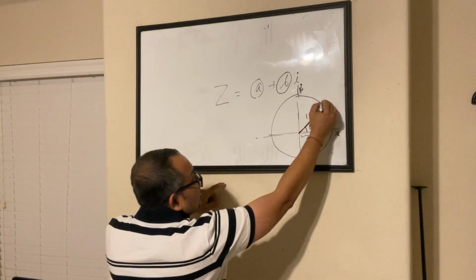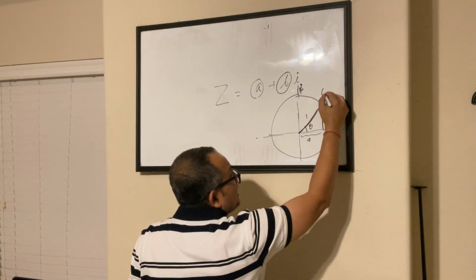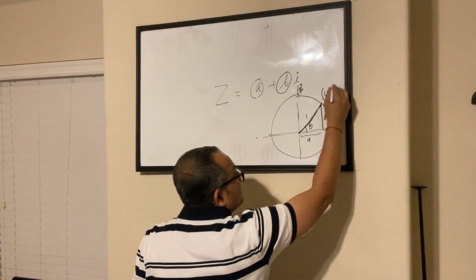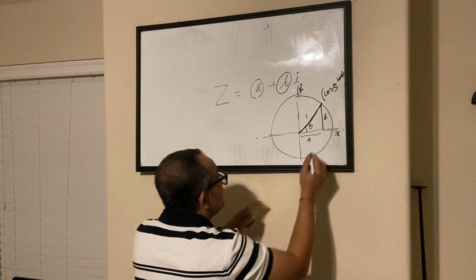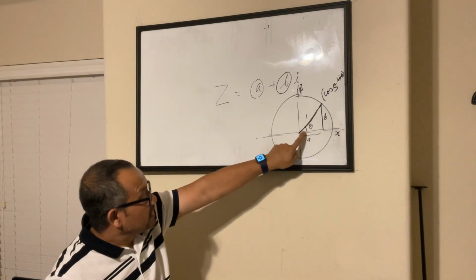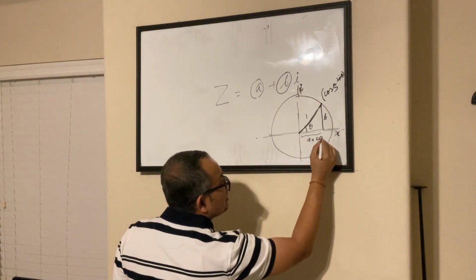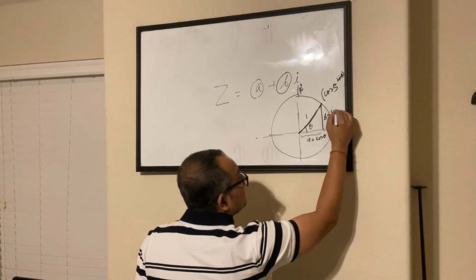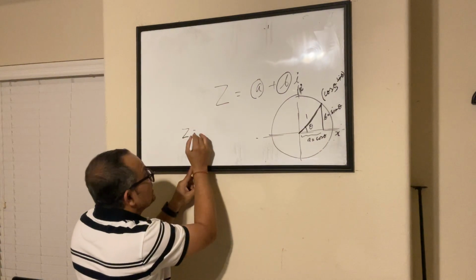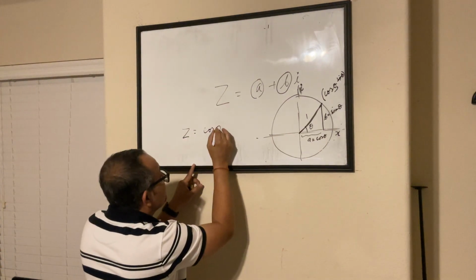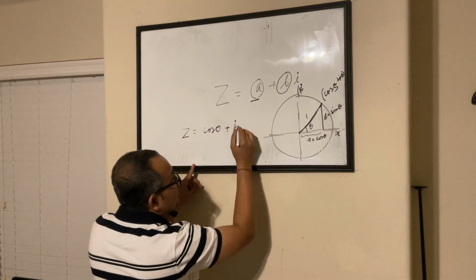Going back to what we saw, for any point, the x coordinate is cos theta and the y coordinate is sin theta. So this is nothing but cos theta and this is nothing but sin theta. You can represent this in the form of cos theta, which is a, plus i sin theta.